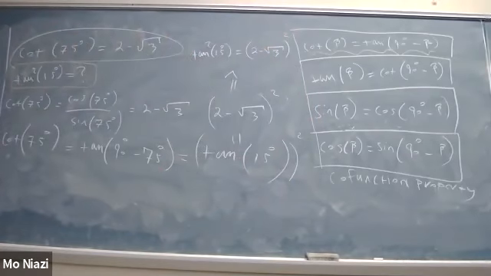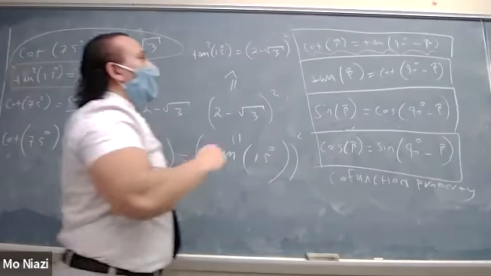And you're done. You were given the cotangent of 75 degrees is equal to 2 minus square root of 3. You were asked to find tangent squared of 15 degrees. This problem was begging you to utilize a cofunction identity.